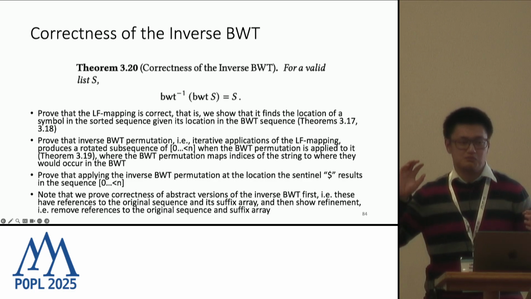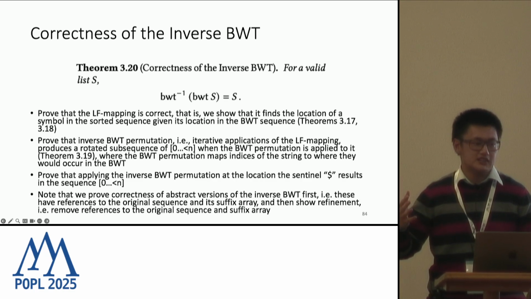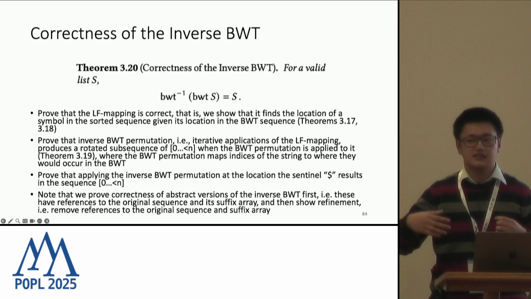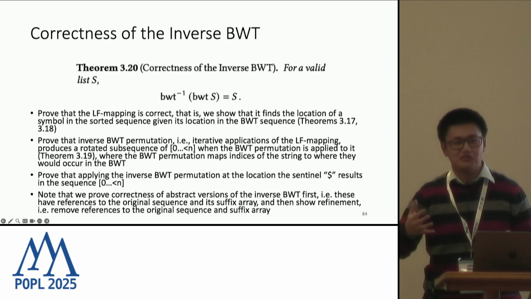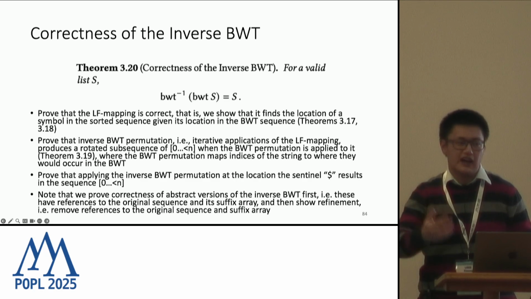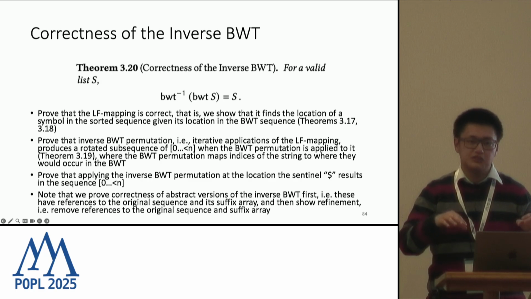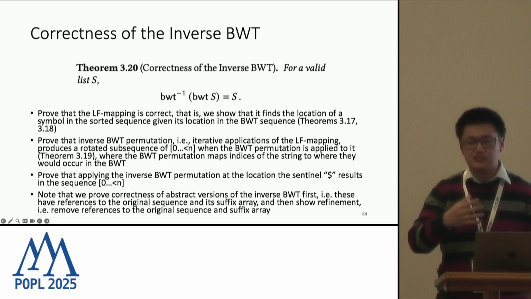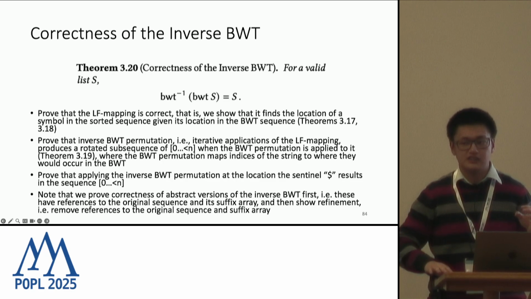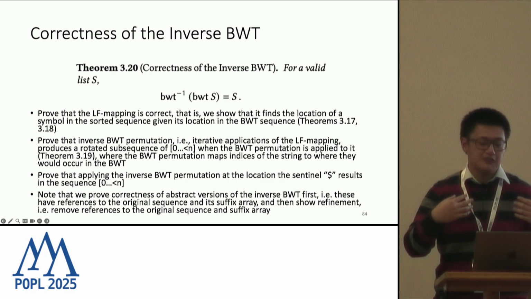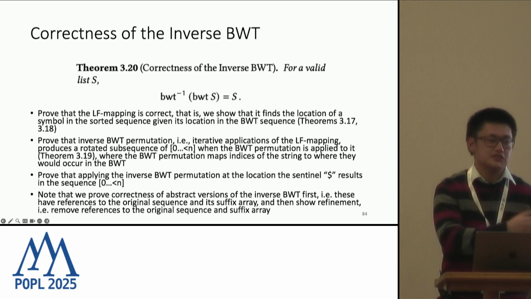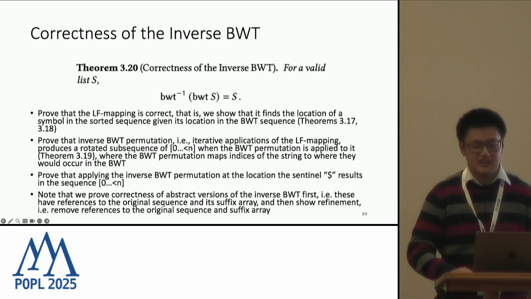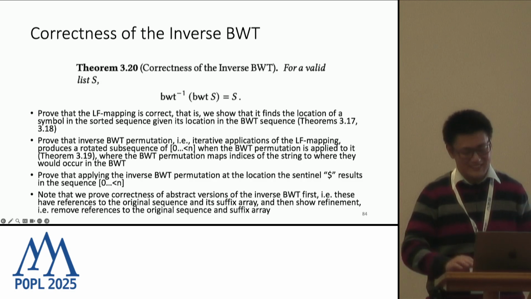That makes life a lot easier, because we can use additional properties about suffix arrays and know what the exact values are. Then we do a refinement to eliminate all of that information, so that you only have reference to the BWT-transformed sequence. And then you get the proof.